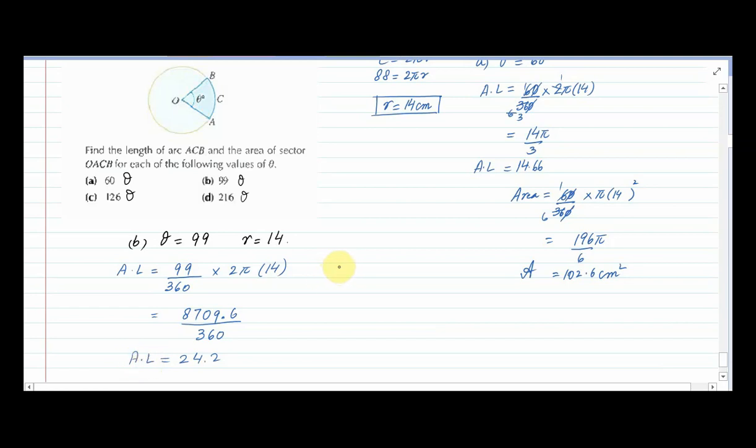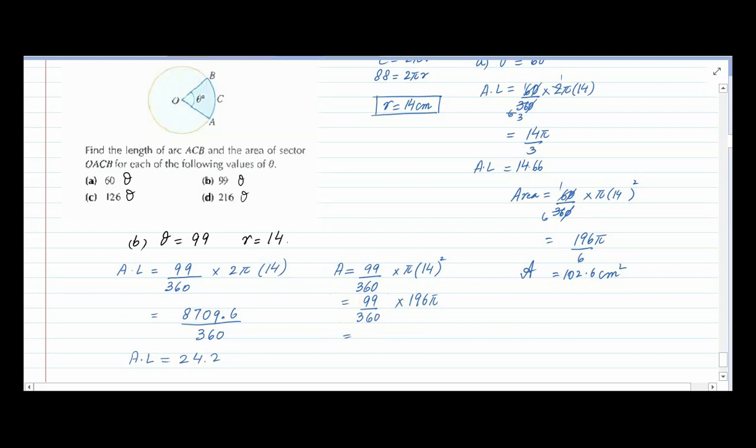For area, the working formula is angle divided by 360 multiplied by pi r square, right? So 14 square is 196 times pi times 99 divided by 360, right?